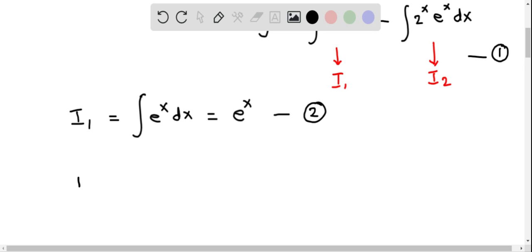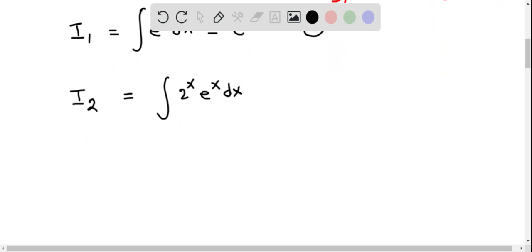Now we are going to find the integral of I2. That is, we have I2 equals integral of 2 power x e power x dx. To integrate this, we will have to use the integration by parts method. So I'm going to integrate this using integration by parts method.